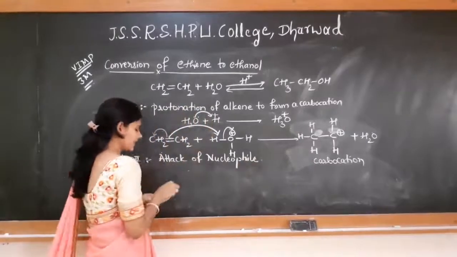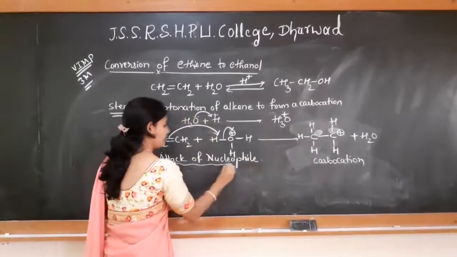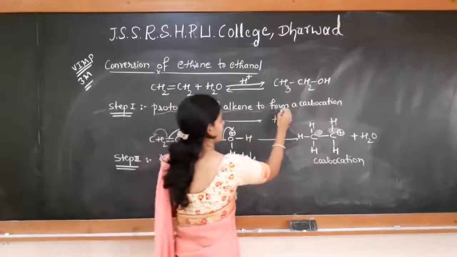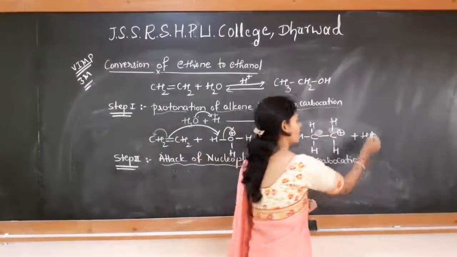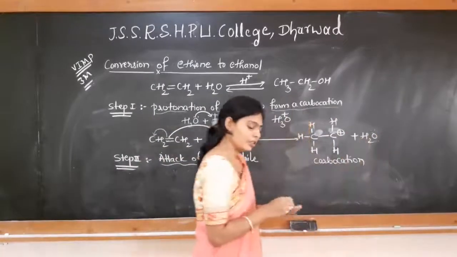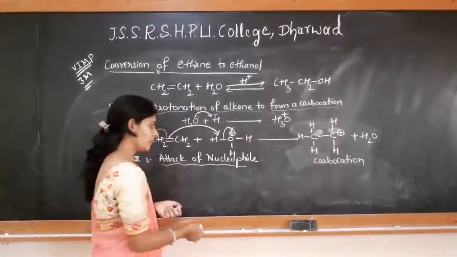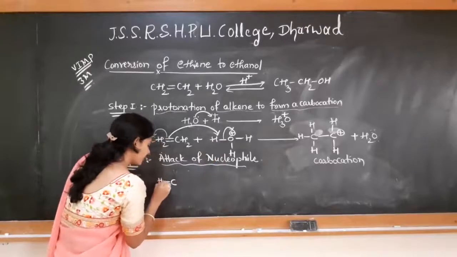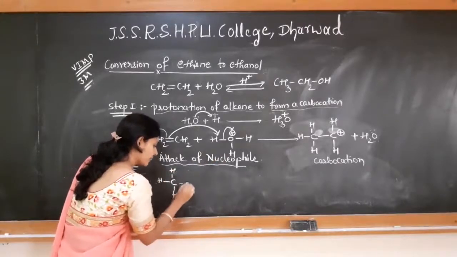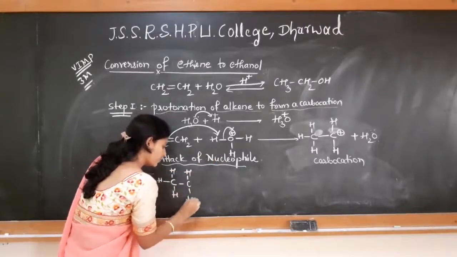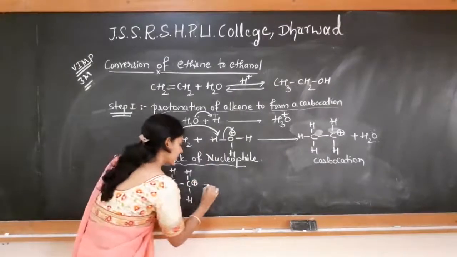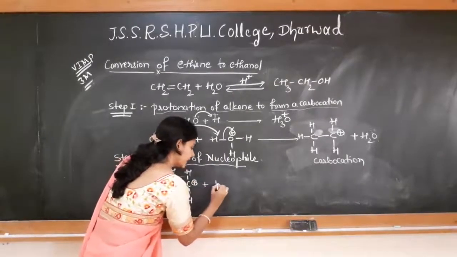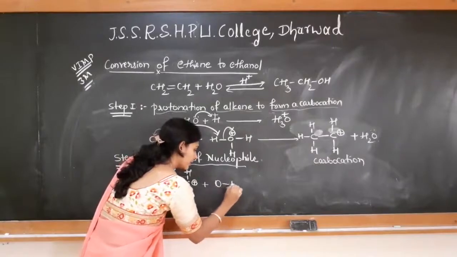Here water will be acting as a nucleophile. As oxygen carries a lone pair of electrons, it acts as a nucleophile. So what happens? The carbocation is CH3CH2 plus. Now this is attacked by H2O.